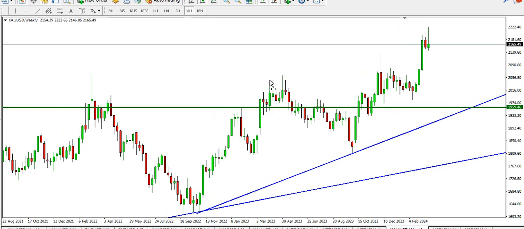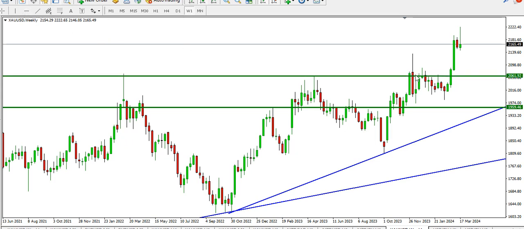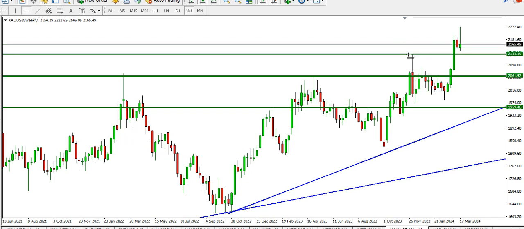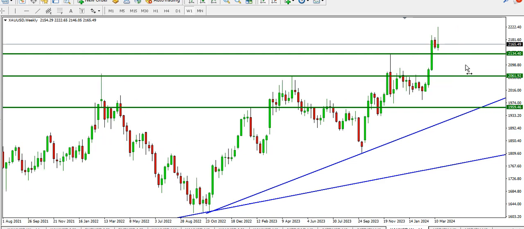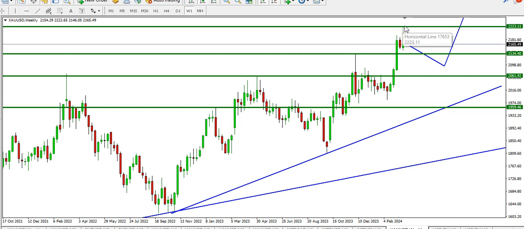We also had another structure at this point, broken around here. Then we had another structure at this point, and it got broken around here. So we might end up seeing price retreat and then subsequently break this current weekly structure, and then price might likely go further up.